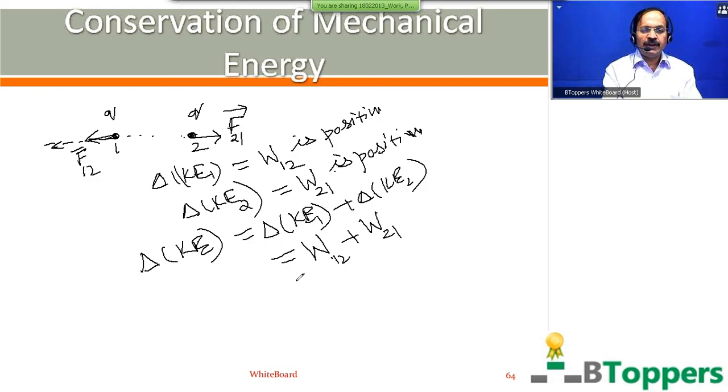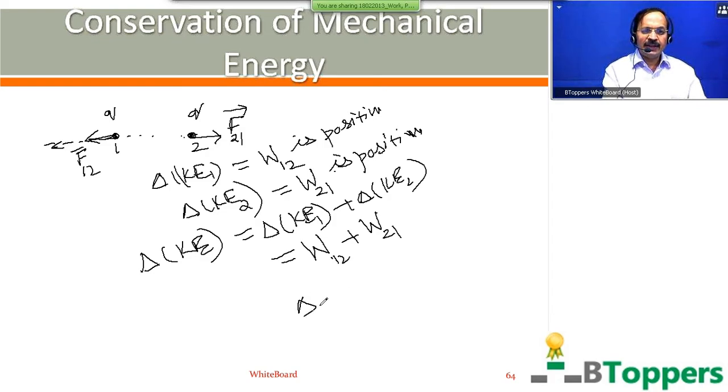When you apply the work energy theorem for a rigid body, for example a block of mass m, the change in the kinetic energy of the block can be taken as equal to the total work done by all the external forces acting on the block. In that case, the work done by the internal forces is zero.